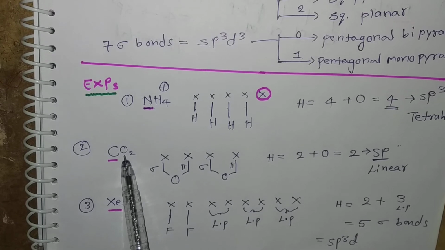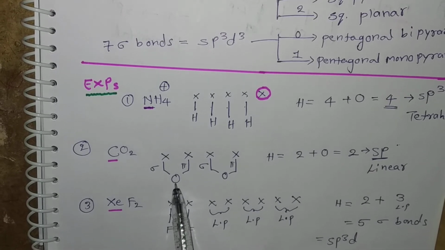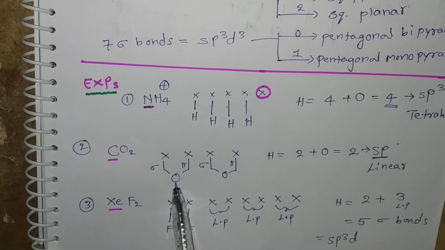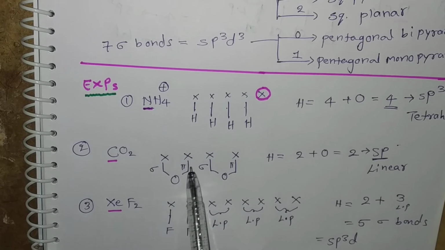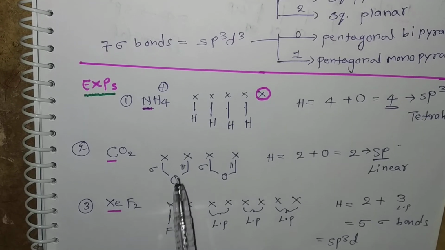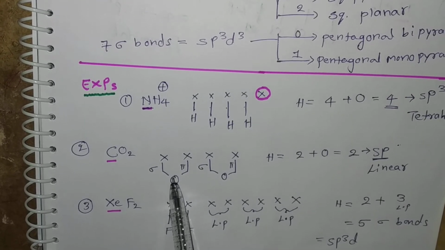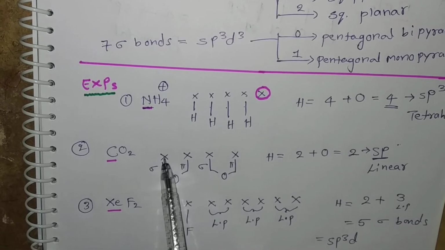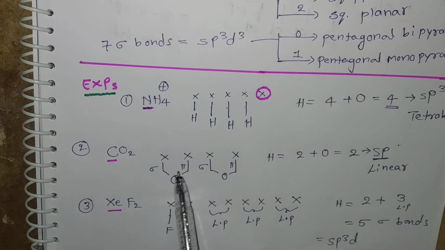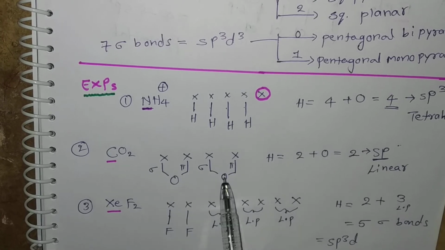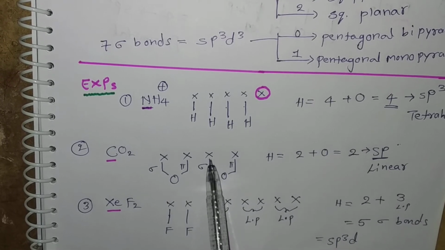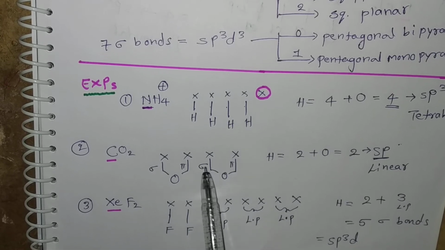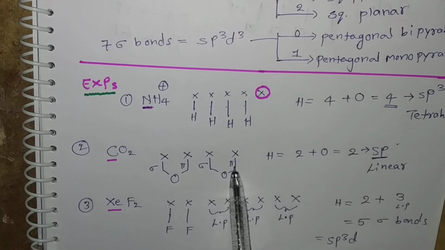Oxygen is divalent, so it forms a double bond. One oxygen forms the double bond with two valence electrons. One is a sigma bond, another one is a pi bond. Similarly, the other oxygen forms a double bond with two valence electrons. One is a sigma bond, another one is a pi bond.